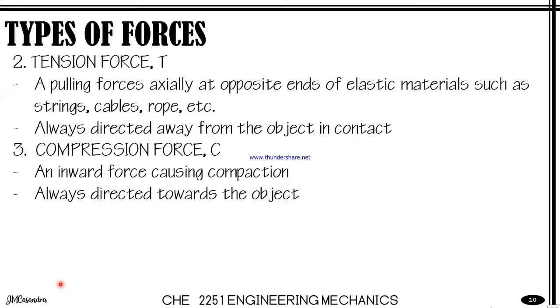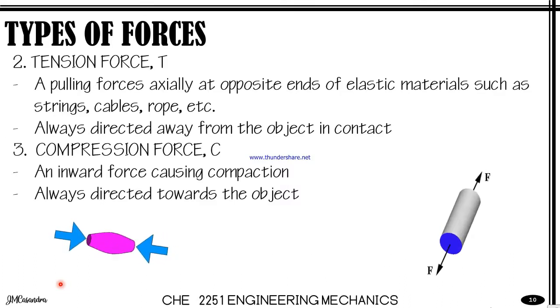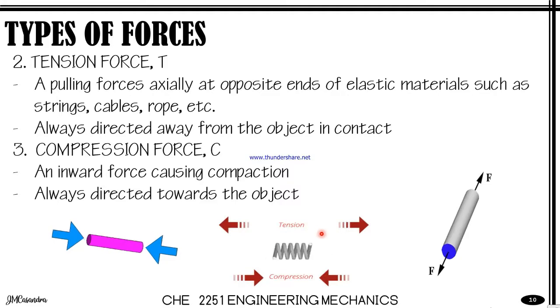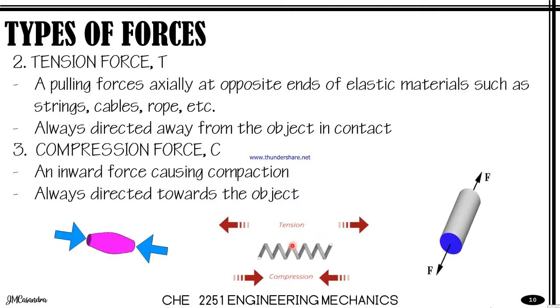Compression is towards the object, causing compression. And for your tension, it's away, causing stretching of the material. So this is the difference between tension and compression.